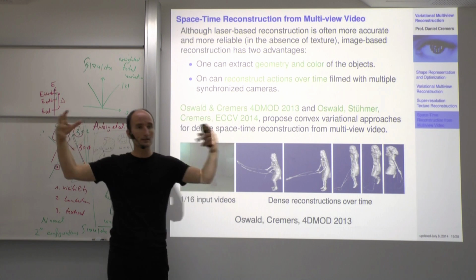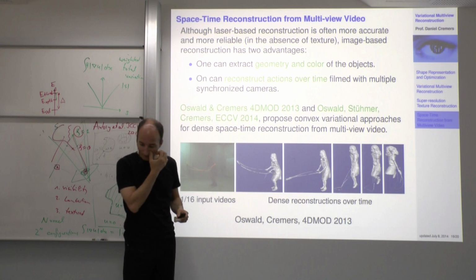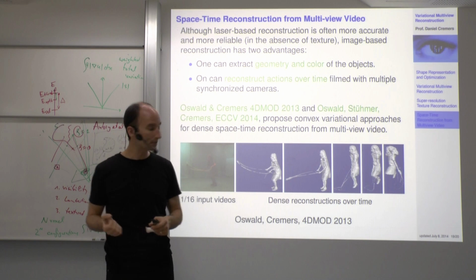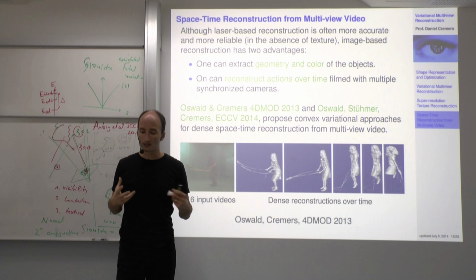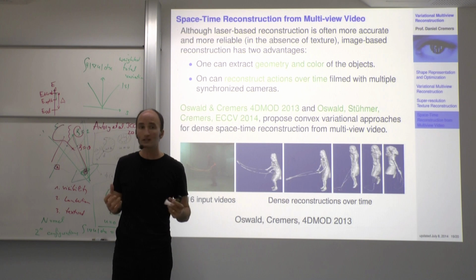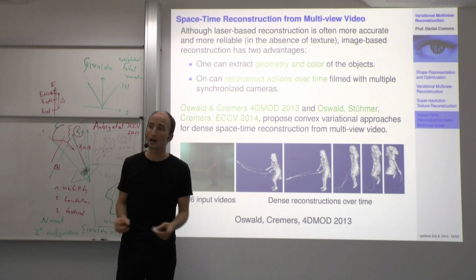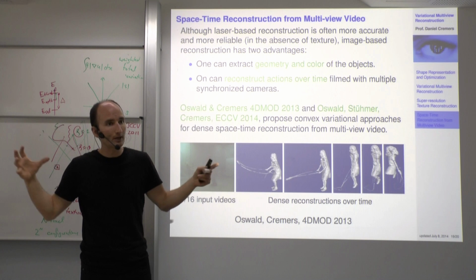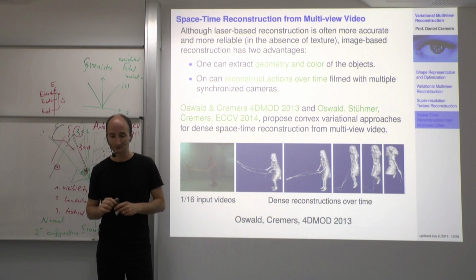So I can place, say, 16 cameras, and recently there is a company in France, 4D view solutions, that was able to capture actions with a set of 40 synchronized cameras. So you have lots and lots of cameras, and it's quite a technical challenge to set up and calibrate 40 cameras and then synchronize them, but that is possible.